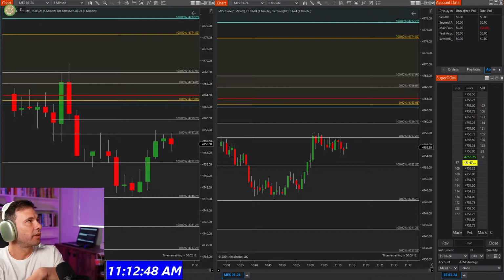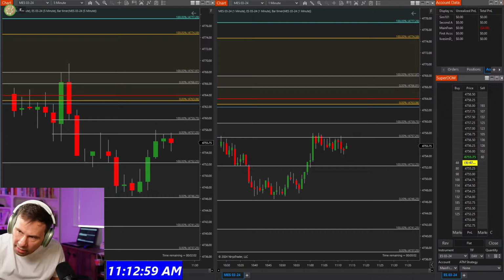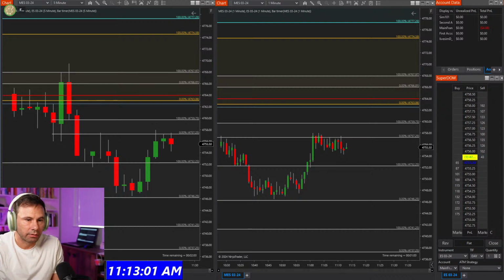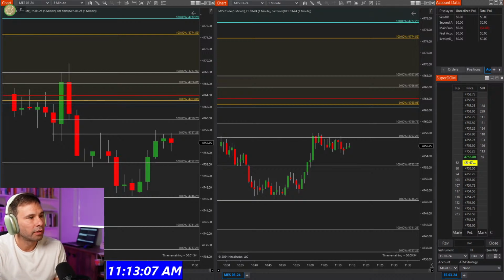I do think we have room at least to 63 on the ES. Tick is holding above zero. Advanced decline has had a good run up. I think next area is 63 and then 66.